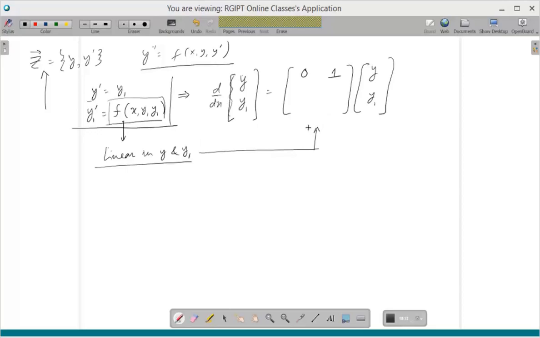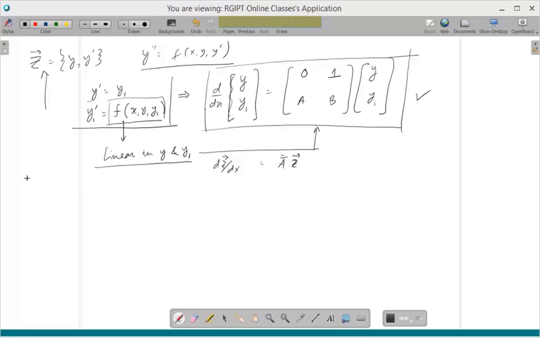Remember, matrix represents linear systems. As long as we have a linear relationship, I am able to write this as some combination, ay plus by1, something like that, and should be able to have an equation in this form, which is dz by dx equal to some matrix times z.